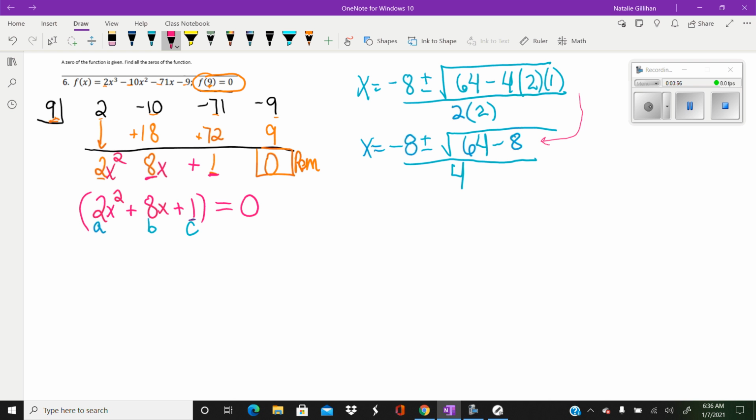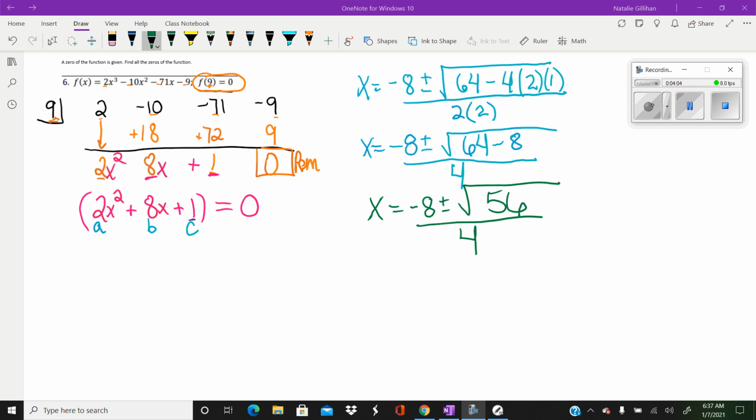Some of you just took 64 minus 8 in order to get 56, and you looked at this 56 right here and said 2 real solutions, and then you stopped. And of course, if you were being asked how many solutions there are, that would be a correct answer. But notice the problem is asking us to find all the zeros. So we do need to extend this problem and finish it, continuing to simplify and solve.